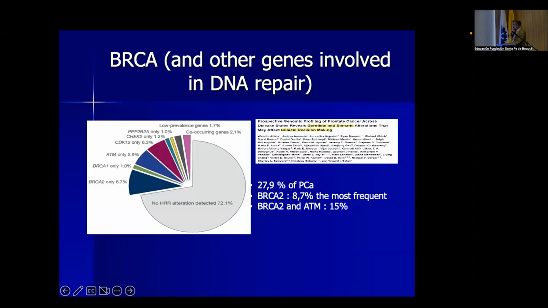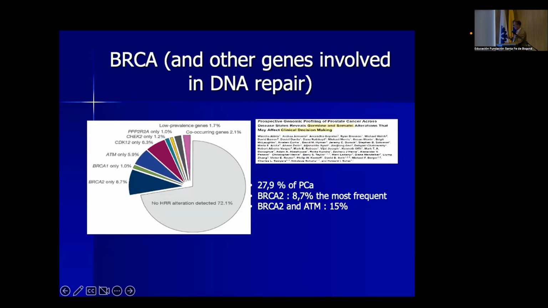Now, 2 last points. The first one is BRCA. That is a gene involved in the DNA repair that has a great importance in prostatic carcinoma, like in breast carcinoma, because family prostate cancers mainly have a mutation in the BRCA and some other genes that are involved in the repair of DNA.